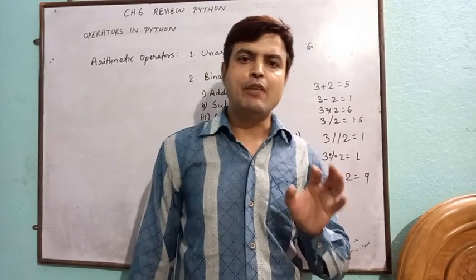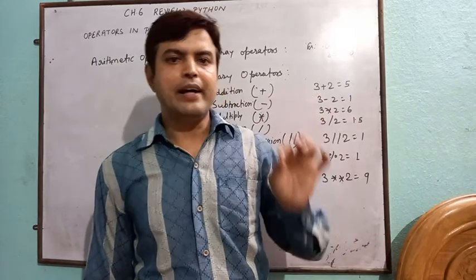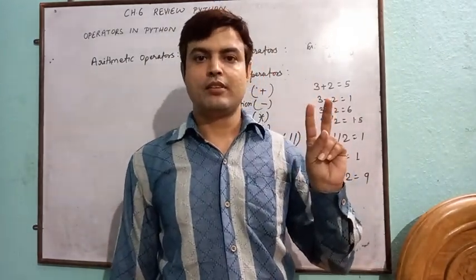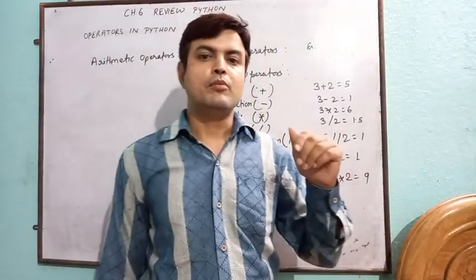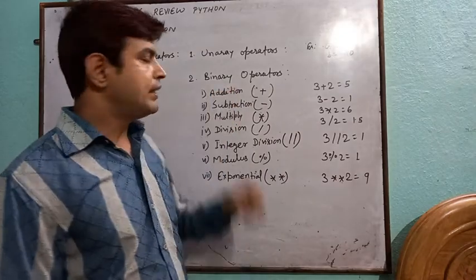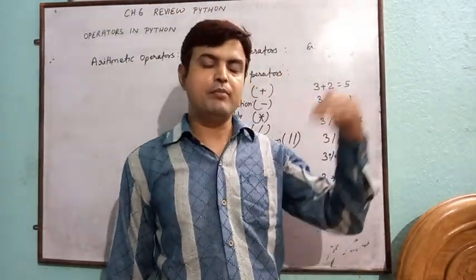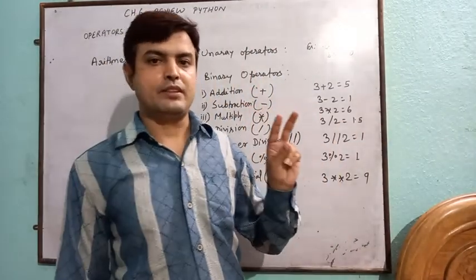Just think, can we perform addition on one number? No. To find the addition, we must have at least two numbers. So addition is a binary operator. That is, binary operators are the operators that require at least two operands. It may have many, but at least it requires two operands.